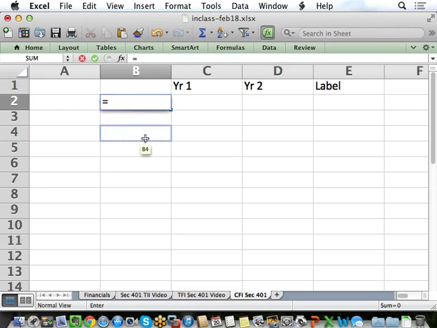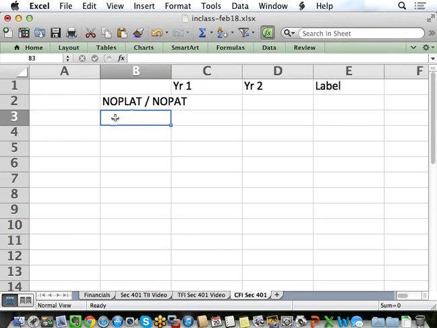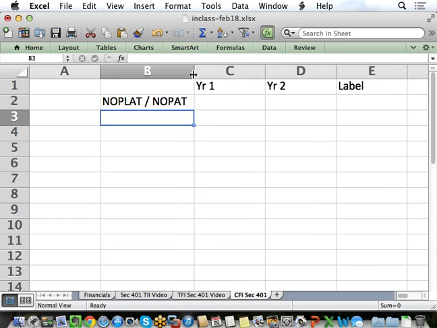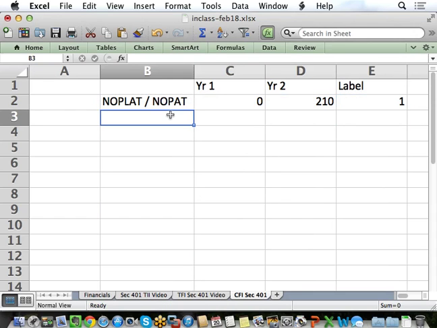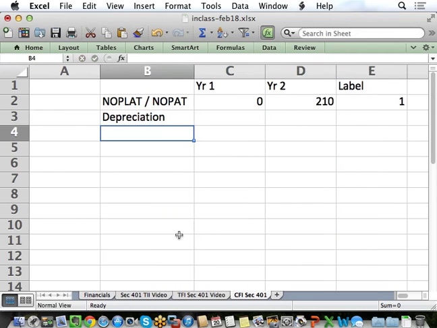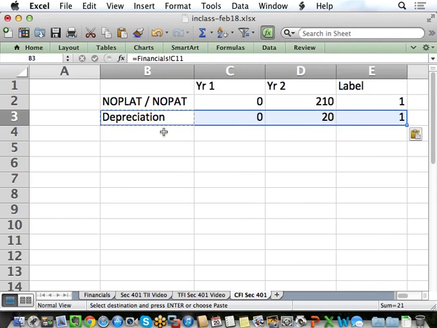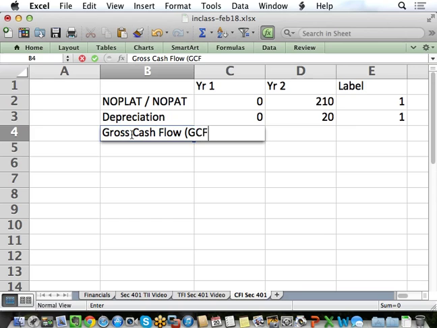So from TII, we're going to take our NOPLAT. And we're going to add in our depreciation from our financial assumptions. And those two together are going to be something called gross cash flow, also known as GCF.